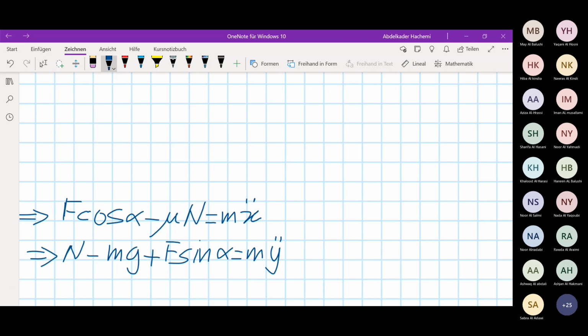We call this equation A, and here the equation B.